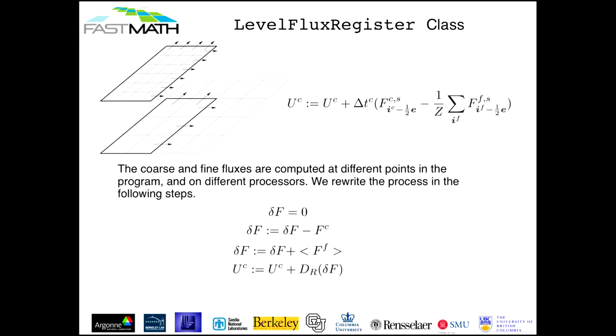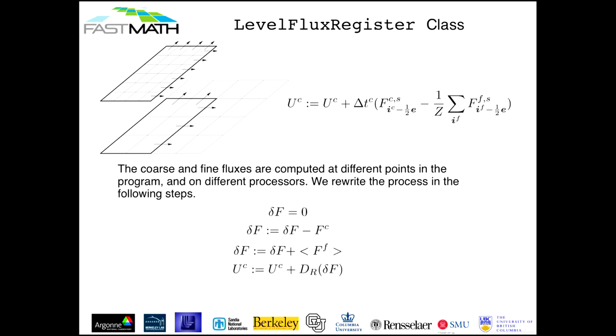Level flux register. I've gone into this, but I'll describe it again. The U update at the coarse grid is the U at the coarse grid, the delta T at the coarse grid, and then subtracting the fluxes that came out of the flux register.